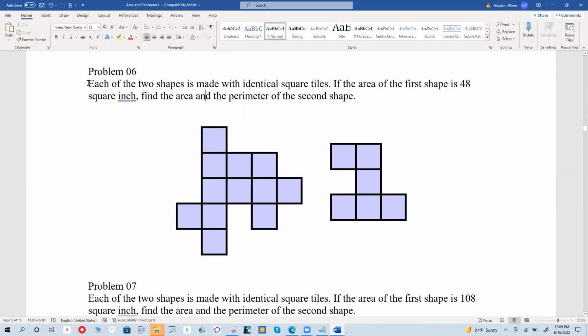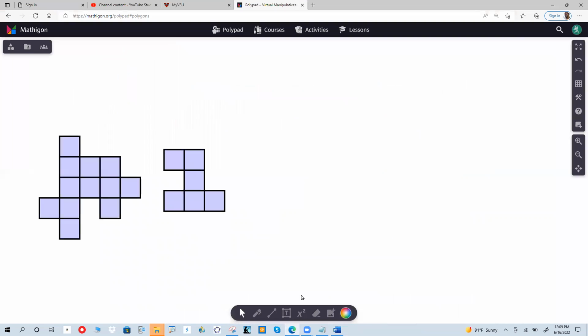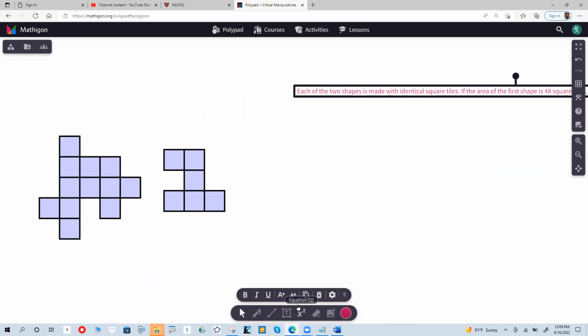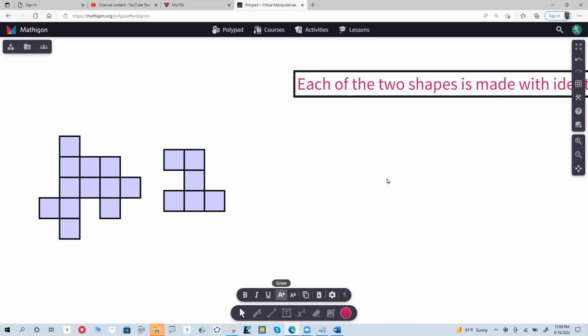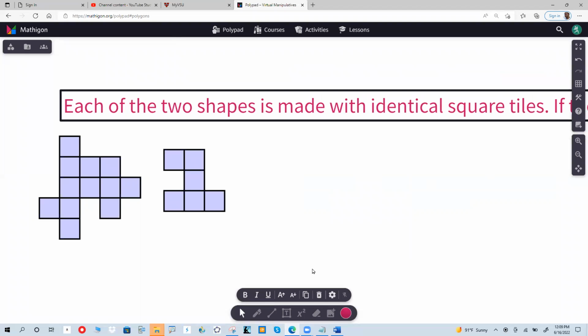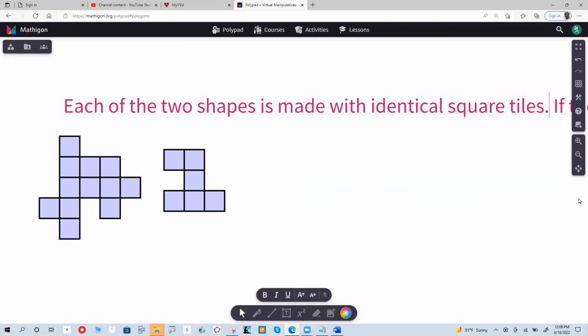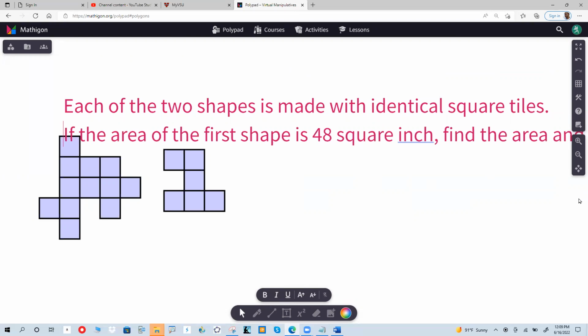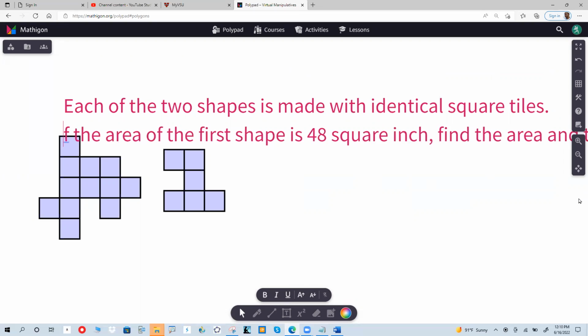I'm going to bring this text here because this is a little more challenging, and it slows us down in a good way.